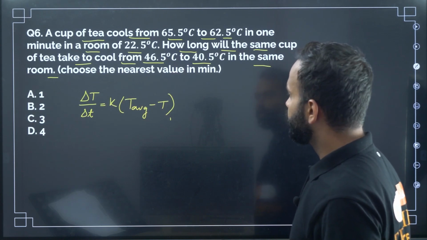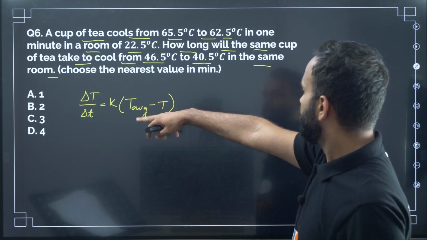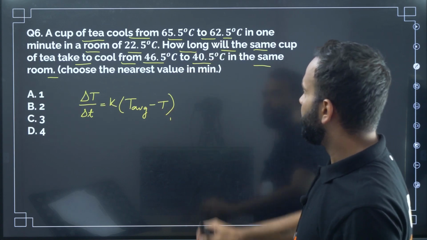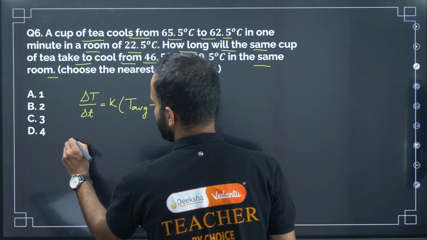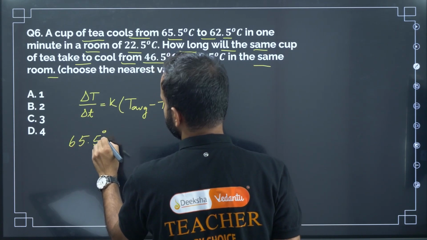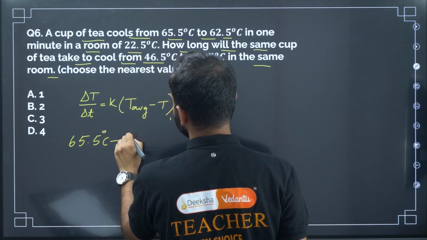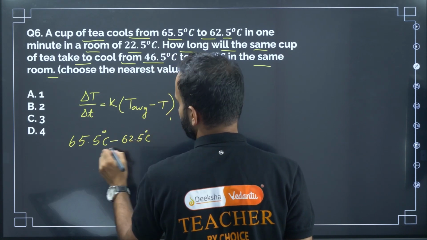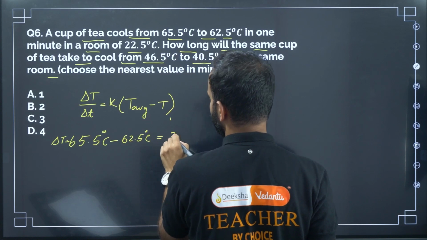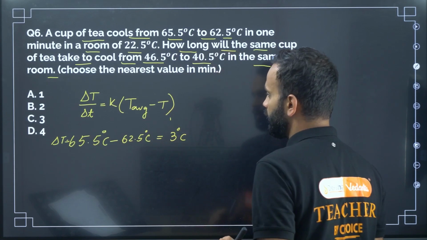The delta T is 65.5 degrees Celsius minus 62.5 degrees Celsius. This is delta T, which is equal to 3 degrees Celsius, right?